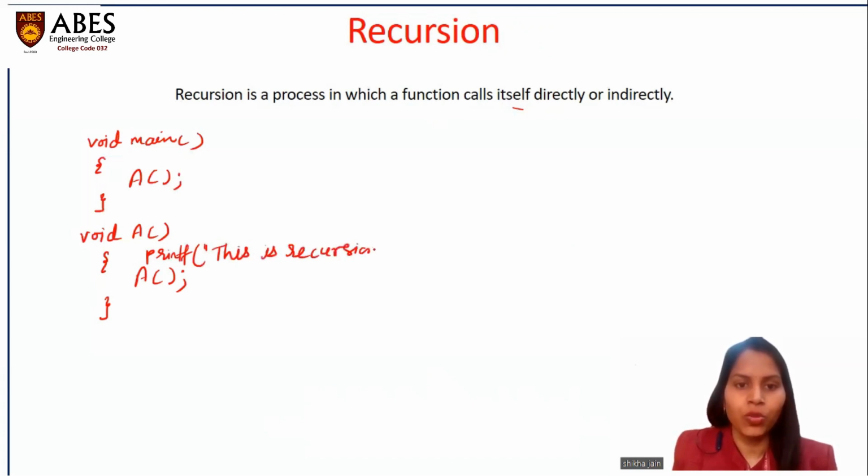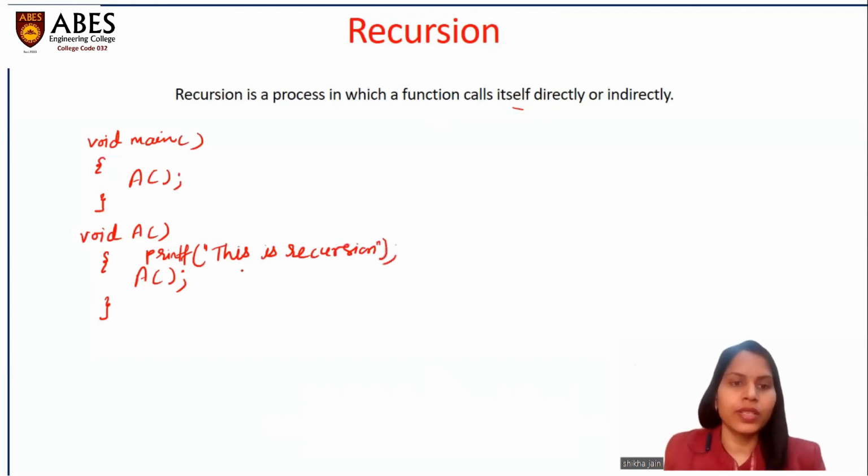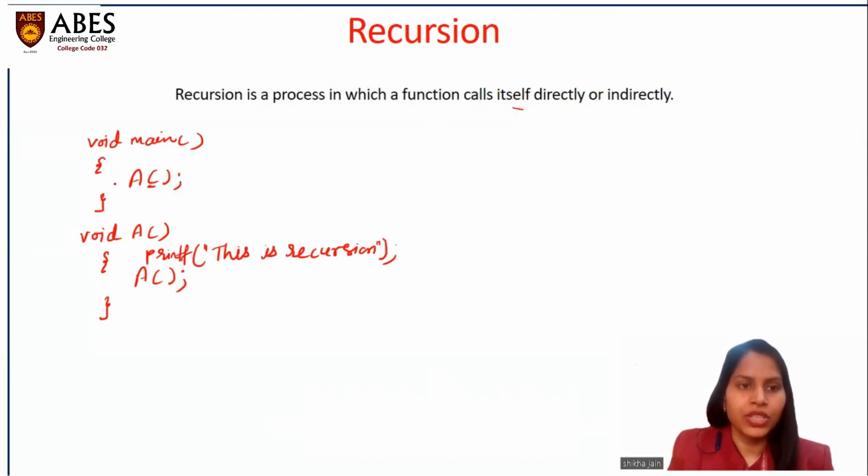Now what will be the output of this code? The output of this code is that it will print "this is recursion" many times. You can see here first the main function is calling function A, right? Now in the definition of this function A, it is again calling function A, right?